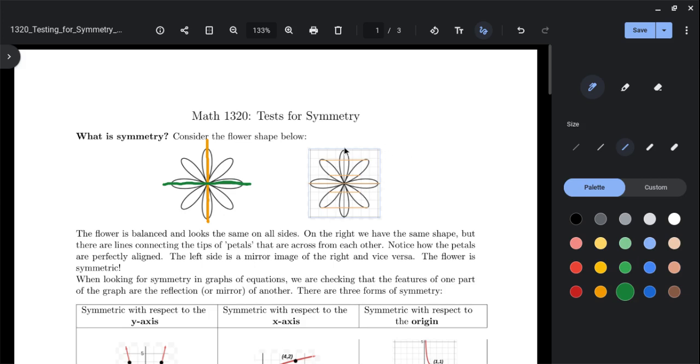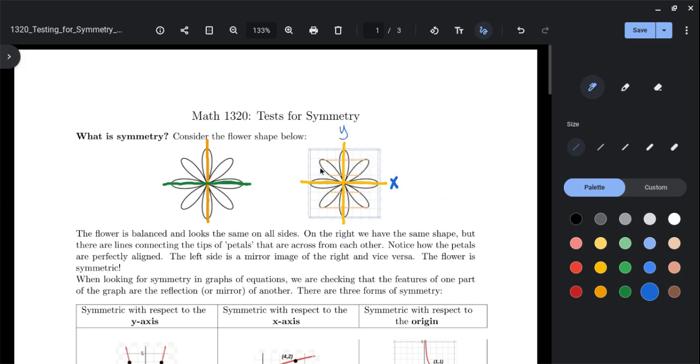And if I looked at this on a coordinate plane, let me label and draw my axes here. Horizontal is our x, vertical is our y.